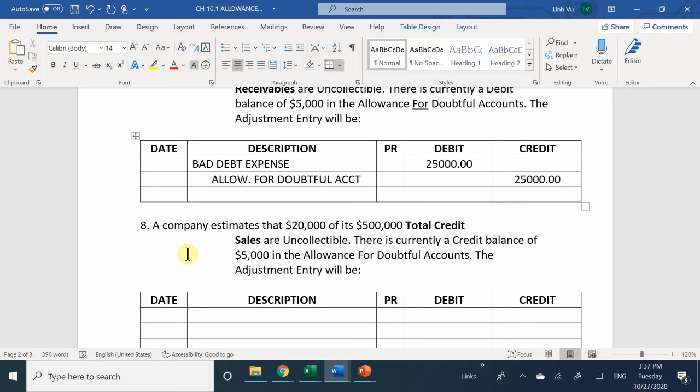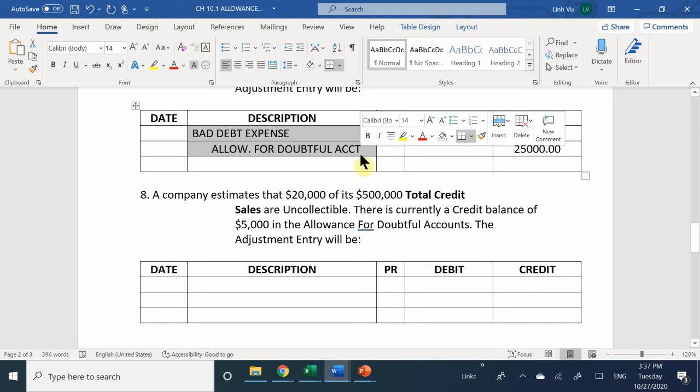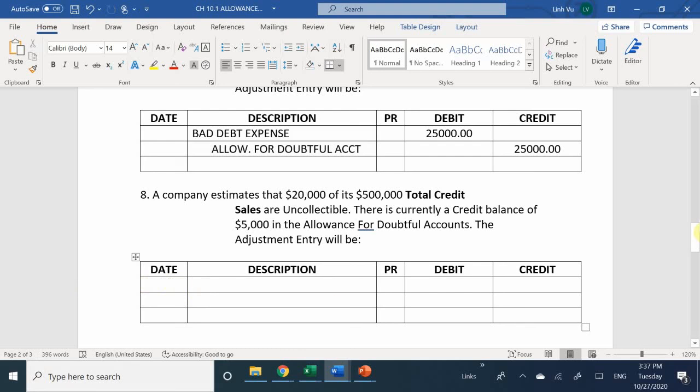What will the adjustment entry be? I'm not sure why I'm not understanding which accounts these go to. I understand the amount.